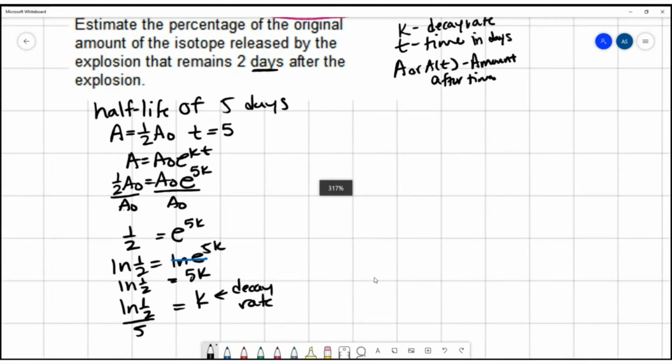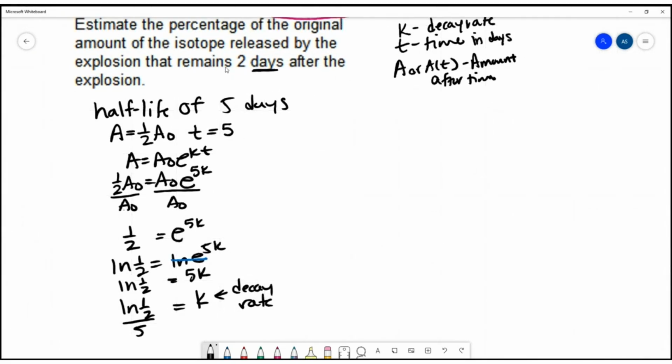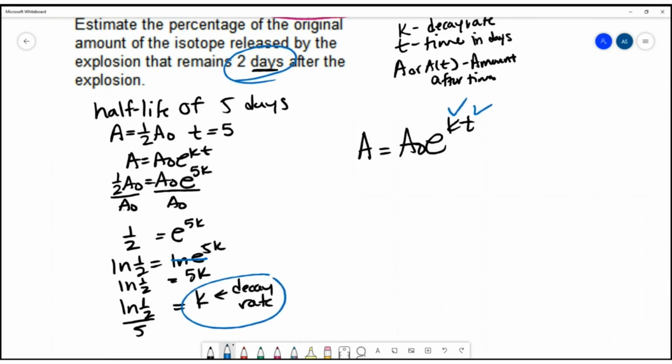Now once we get the decay rate, we want to find the percentage of the original amount that remains after 2 days. So I'm going to use my formula again, A equals A naught e to the kt, and I'm going to substitute in that decay rate that I just found, a time of 2 days, and we'll work this math out, and we'll turn it into a percent, and that will be the percentage of the original that remains.